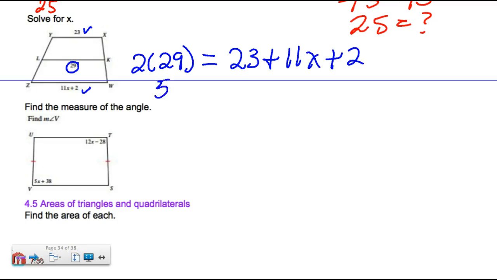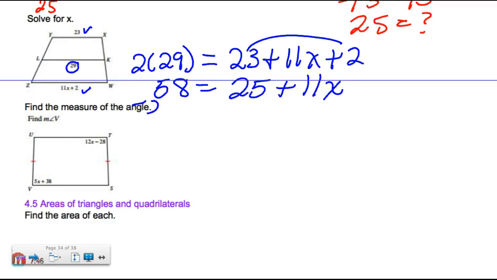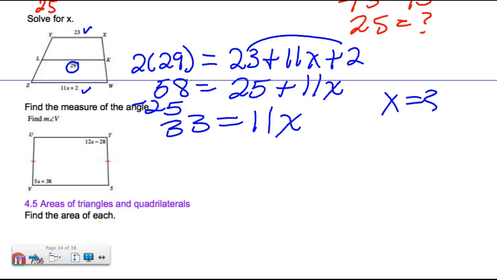So I've got 58 over here on the left is equal to 25 plus 11x. I subtract the 25 and I get a nice 33 is equal to 11x. Dividing both sides by 11 gives me x of 3, and it just said to solve for x. So x would be 3 in that case.